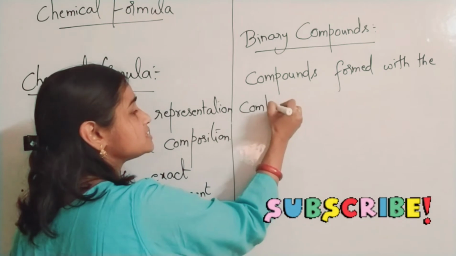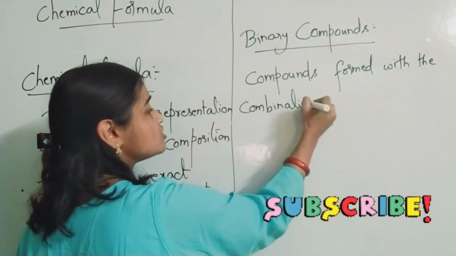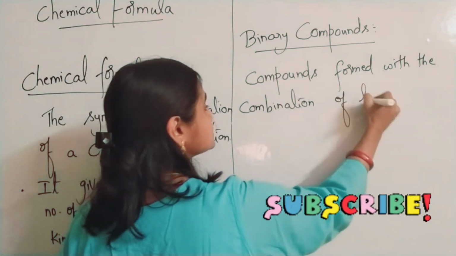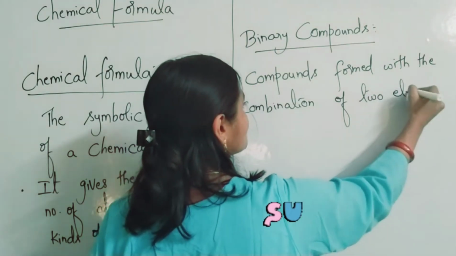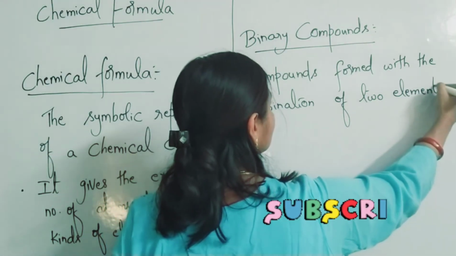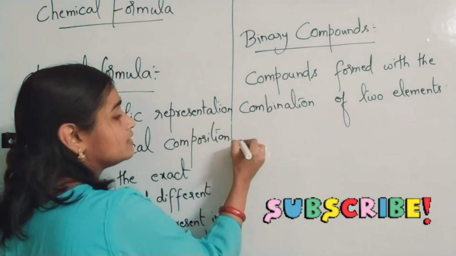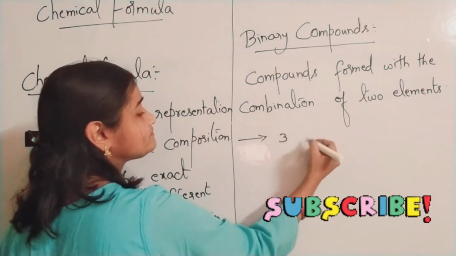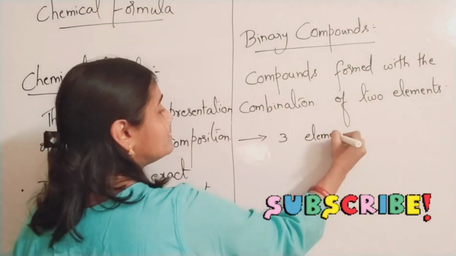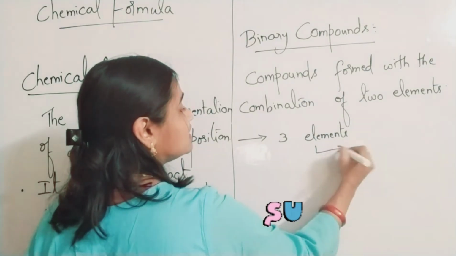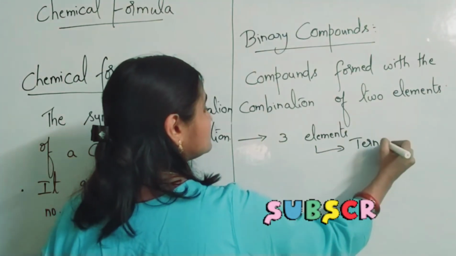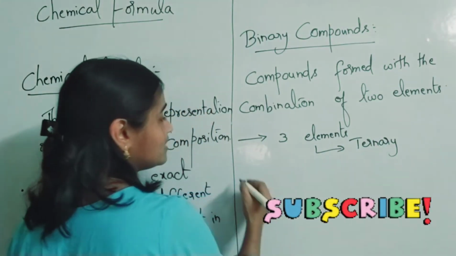Compounds formed with the combination of 2 elements, you call it a binary compound. Similarly, if 3 elements are there, what do you call it? Yes, ternary compound.